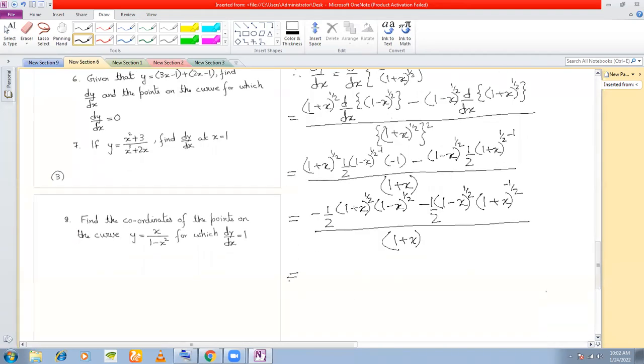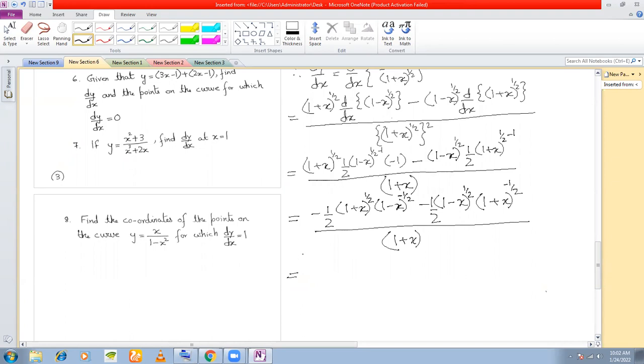And now you can write this as, this is also minus half. This is also minus half, since half minus 1 is minus half.